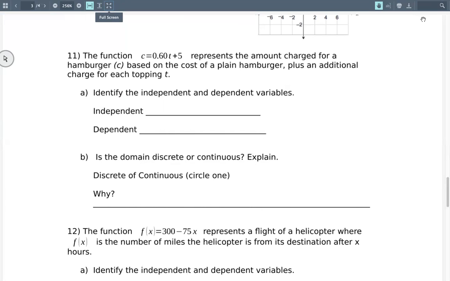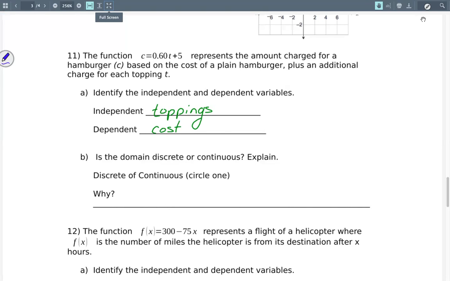Well, it says the function C equals 0.60t plus 5, which represents the amount charged for hamburger C based on the cost of a plain hamburger, plus an additional charge for each topping, T. So the toppings are going to affect the cost of my hamburger. So therefore, independent is going to be toppings, and dependent is going to be cost of the burger.